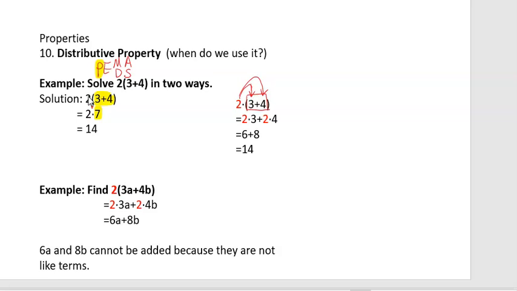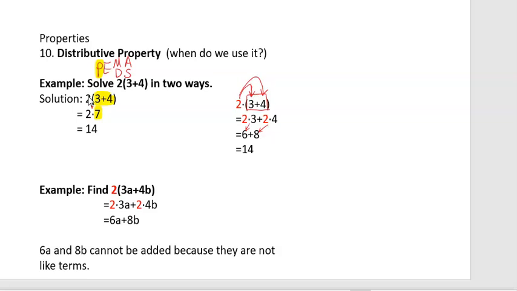Between 3 and 4 there was a plus sign, so we keep the plus sign between them. Doubling 3, we get 6, doubling 4, we get 8. Then we add them, and you can see we get exactly the same answer, 14. So these two methods are both correct.